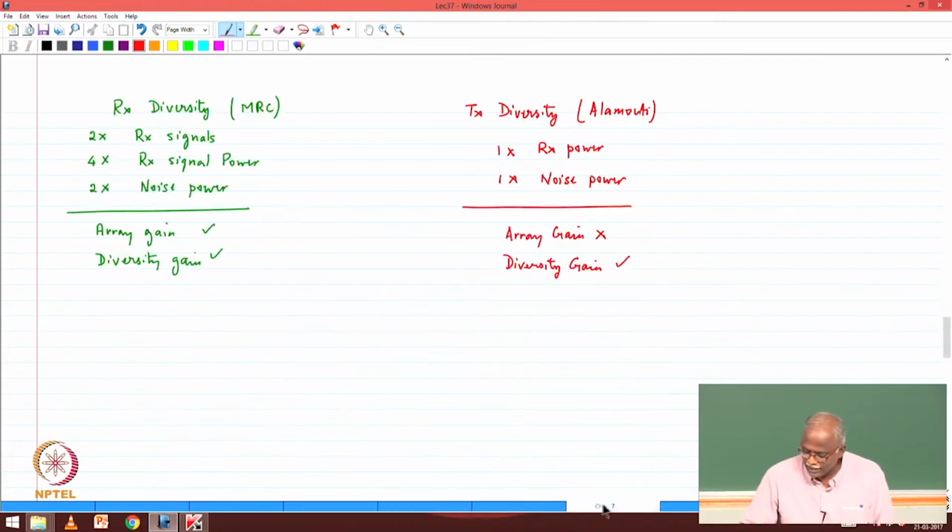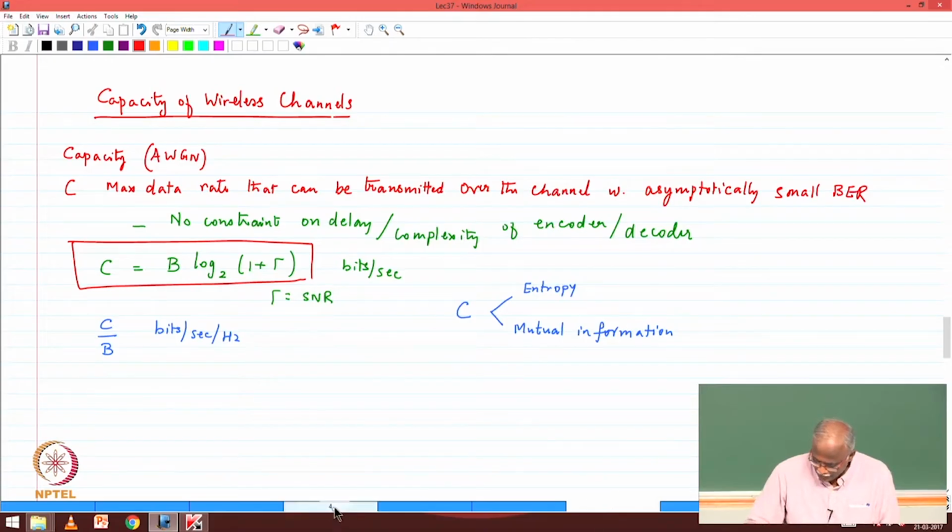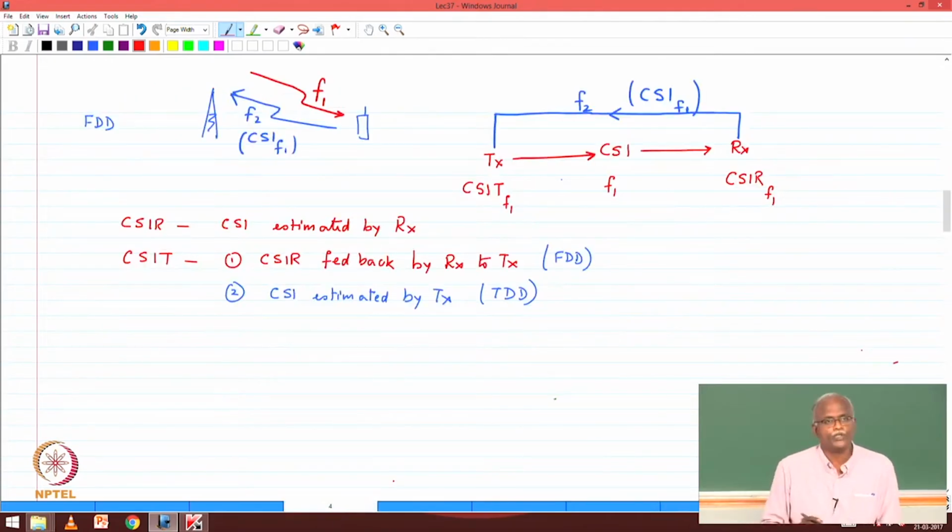Okay, another element that we introduced in the last class was the notion of feedback of information about the channel to the transmitter. TDD systems are very straightforward because of the channel reciprocity. We assume that when the mobile transmits to the base station, the base station figures out what the channel is.